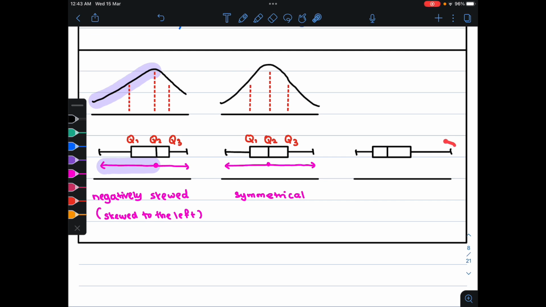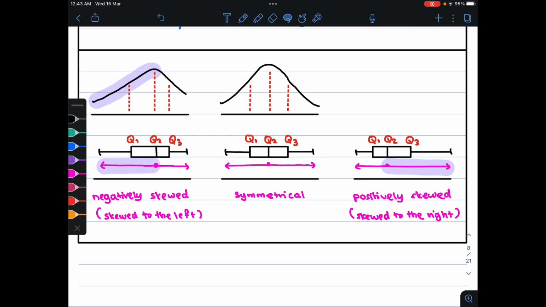Now let's do for the last box and whisker plot. Try and find the distance between the median with the minimum and the maximum. We can see that the right tail is longer compared to the left tail. Therefore, this box and whisker plot is said to be positively skewed. So if you try and draw the bell-shaped curve, you're gonna bring Q1 up, Q2 up, and it will be the highest, and then Q3 up as well.